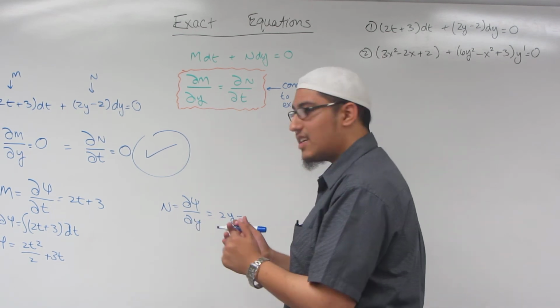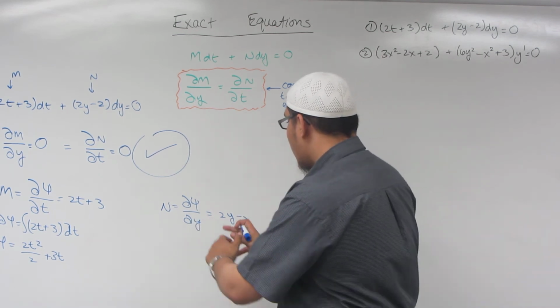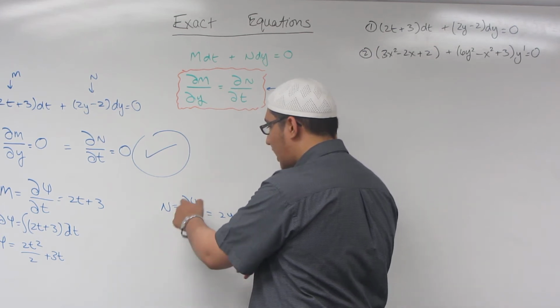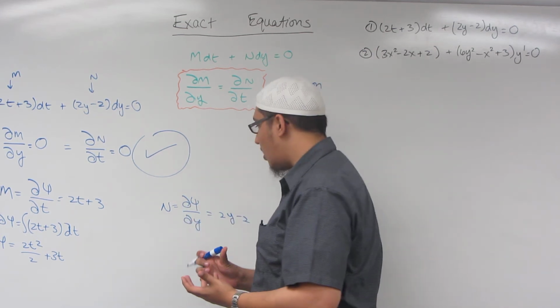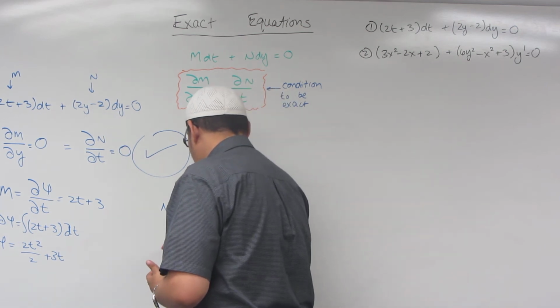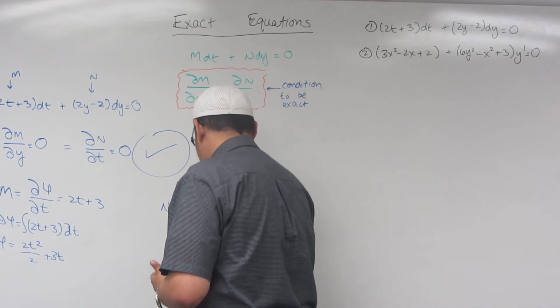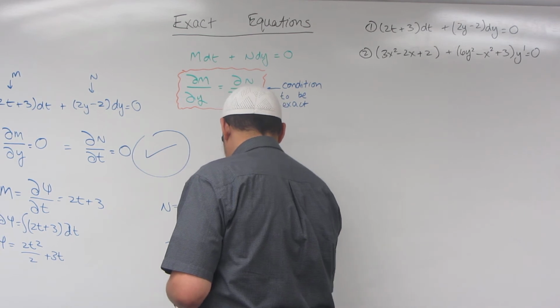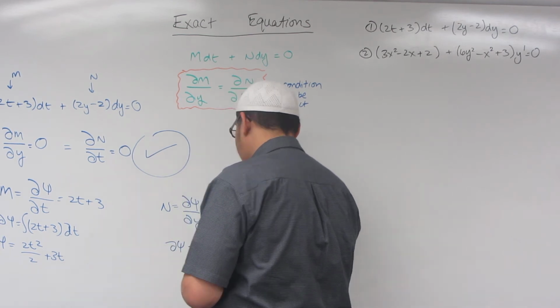In this case, exact same format: multiply the dy onto this side and get the partial of psi by itself. So we have the partial of psi is equal to (2y minus 2) dy.